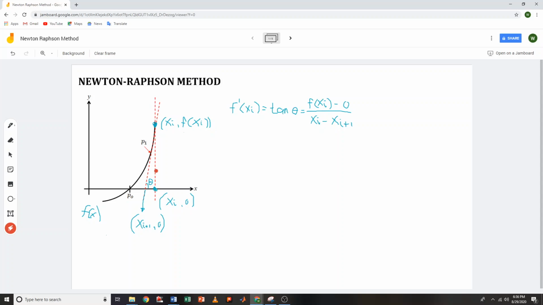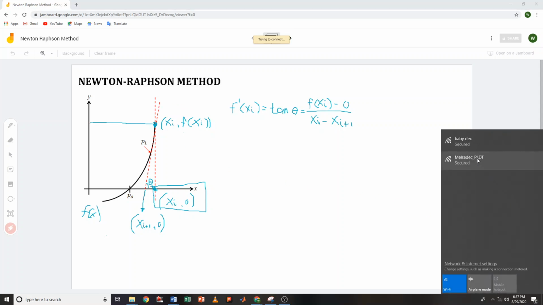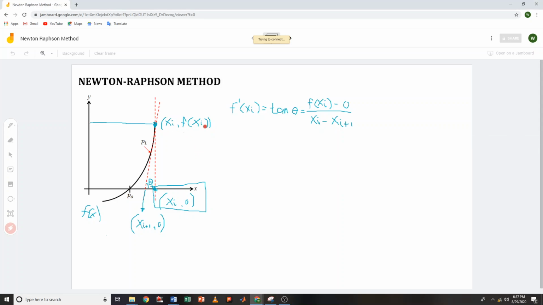Drawing a vertical line here, we have the coordinates of this point: x i, which is x 0. And then we have the point x i, f of x i.